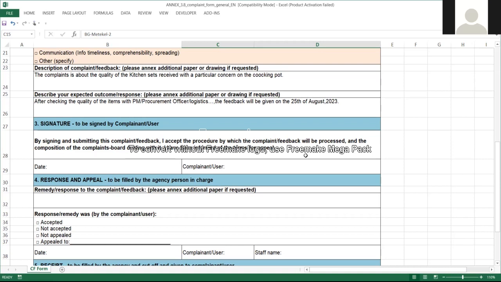Like, for example, when you are discussing with the person who is complaining, you may say, okay, I will go to the COOPI office, discuss with our procurement staff. Then I will contact the supplier. We will check the quality of the items. Then we will come to you with the feedback.